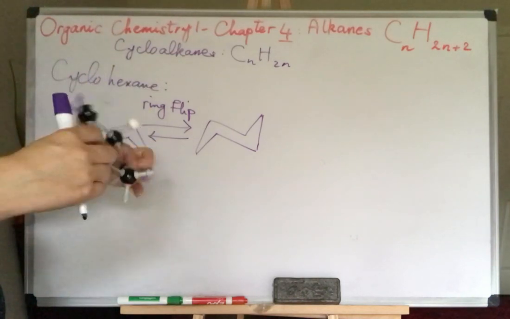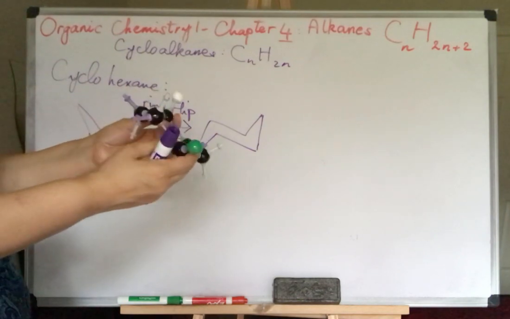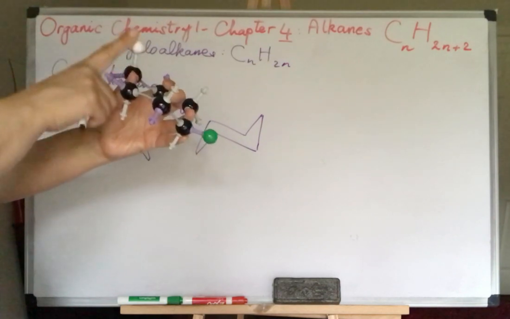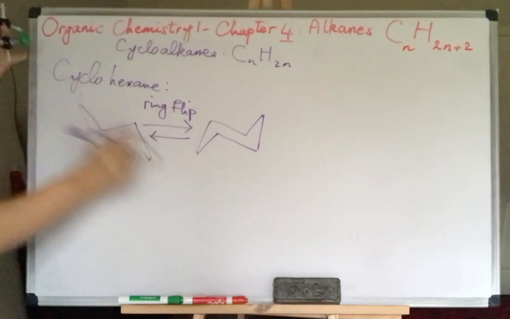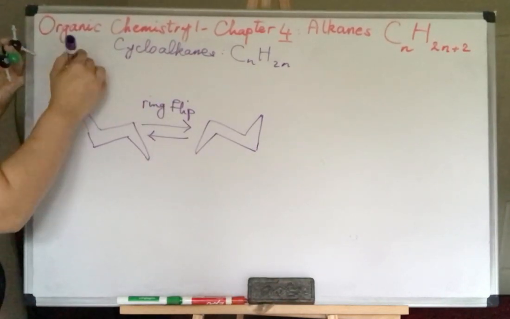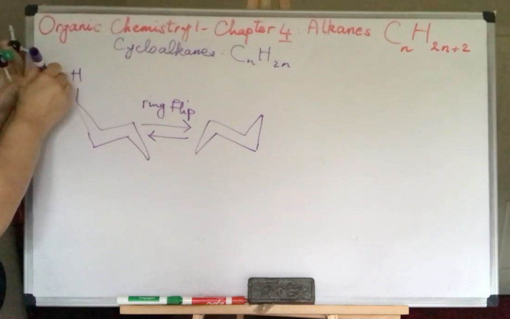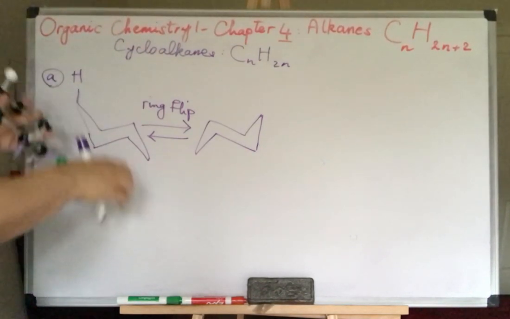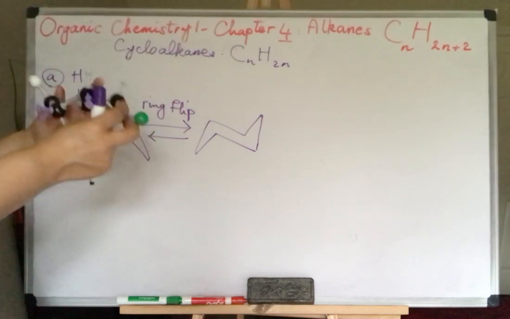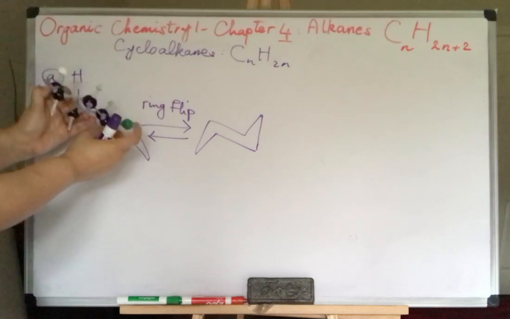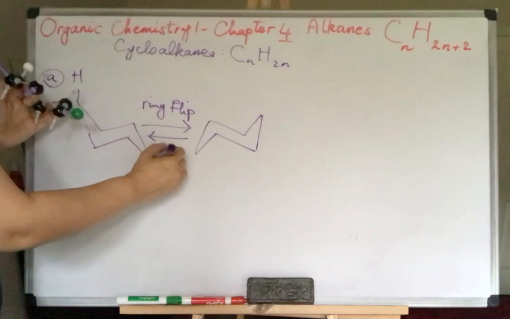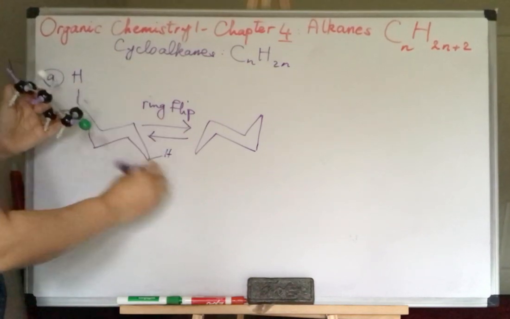What you see here in this chair is a chair conformation. You see an axial hydrogen up, right? This is the axial hydrogen, I put A. On this carbon, this was the down, you have an equatorial like this, right?